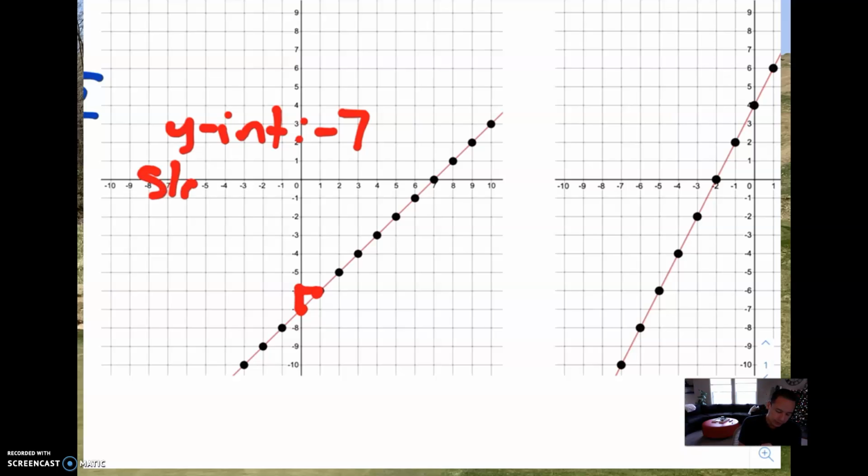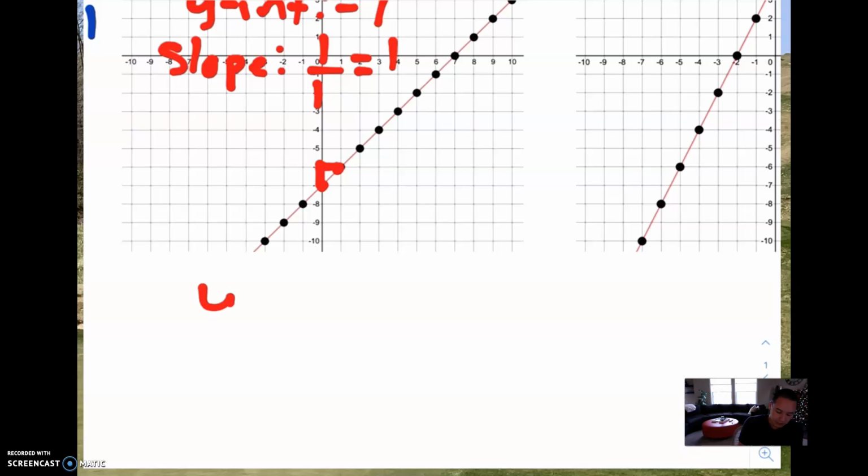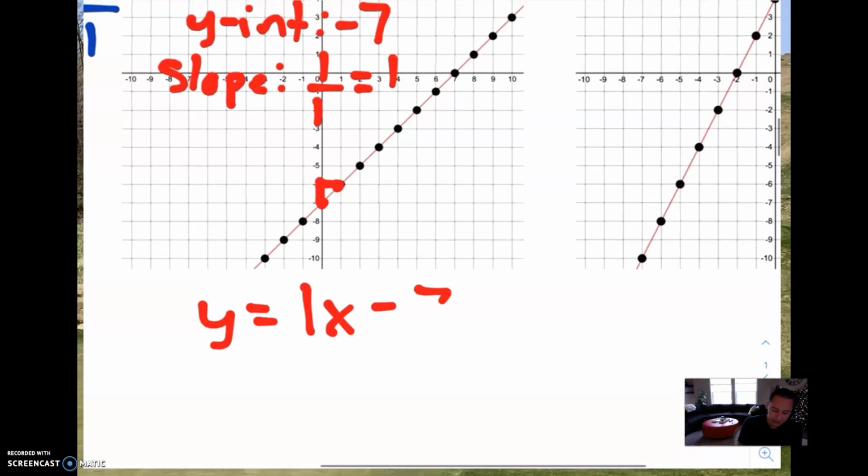So our slope in this case is up 1 over 1. But again, 1 divided by 1, we're not going to write it like that. It's just 1. So if we write this as an equation, we would have y equals, plug in your slope, that's a 1x, and your y-intercept we said was negative 7.